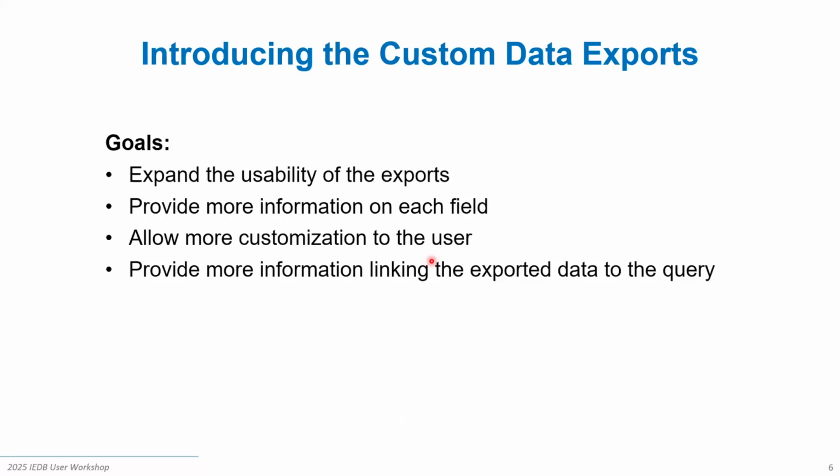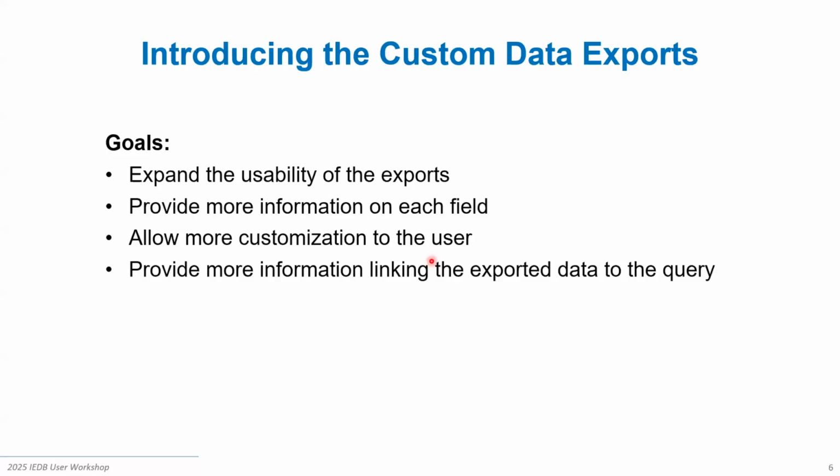But we found that that was limited because, again, some people would want particular fields, some people would want other fields. So we came up with this custom data export option, whose goals were to expand the usability of the exports, provide more information on each field, because before it was just literally the data in a raw format in a CSV file that you would have to then load into something else to view, modify and search yourself.